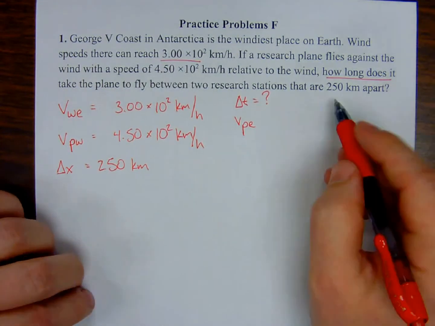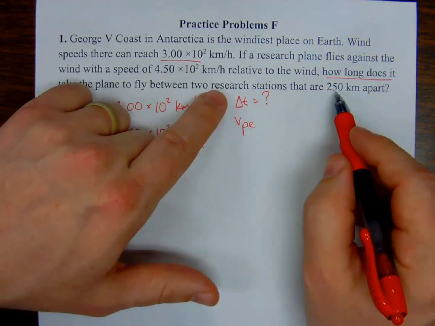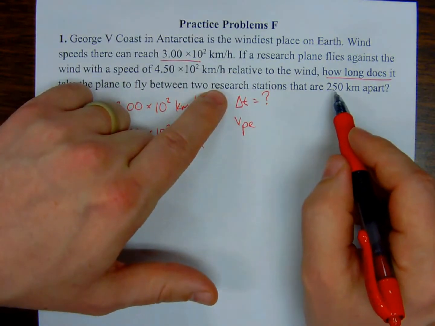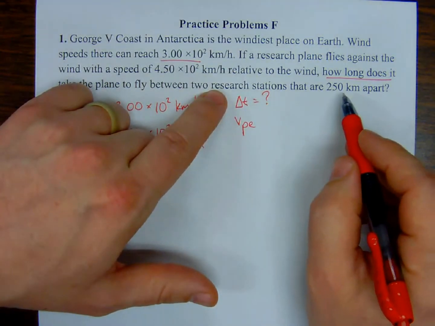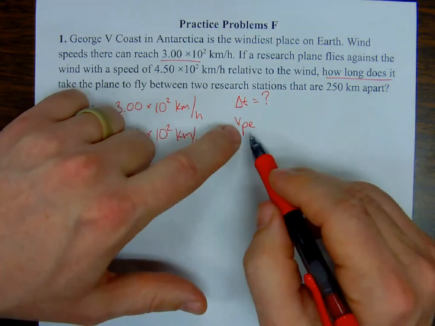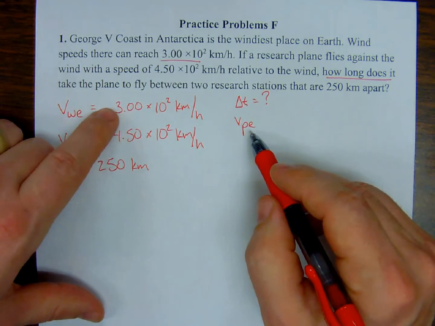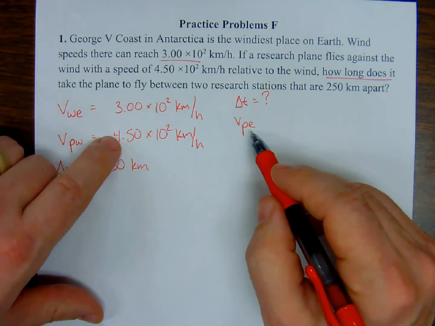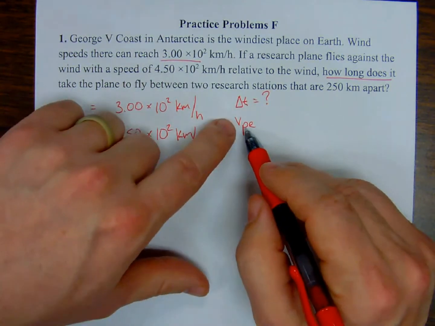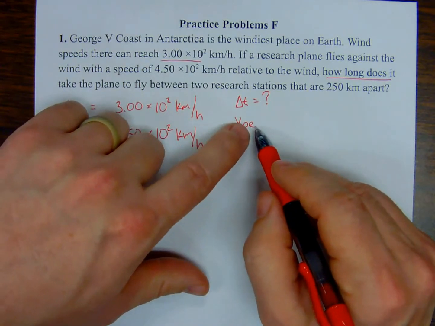So the plane, even though it's moving against the wind, this velocity is cutting into this velocity, the velocity has to take the plane across 250 kilometers of Earth. So we're going to have to actually find the velocity of the plane with regard to Earth first.